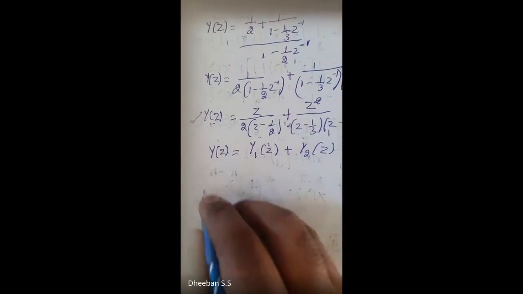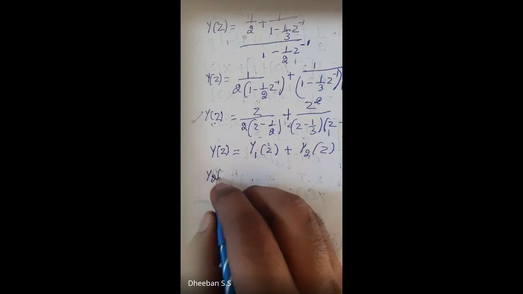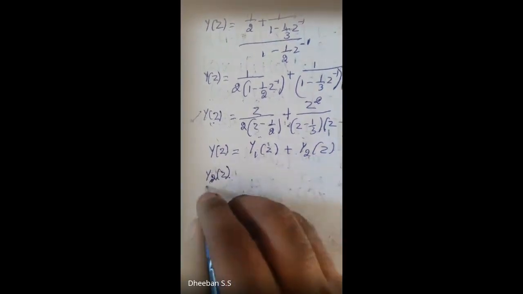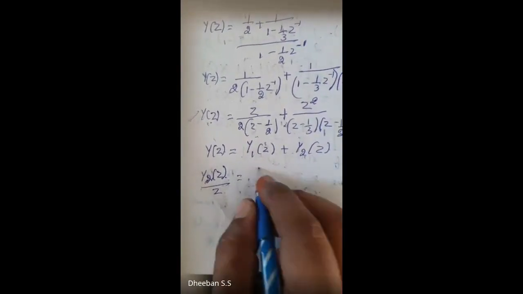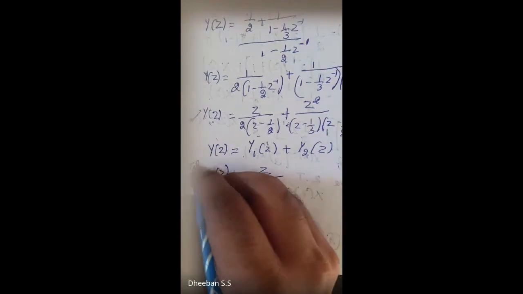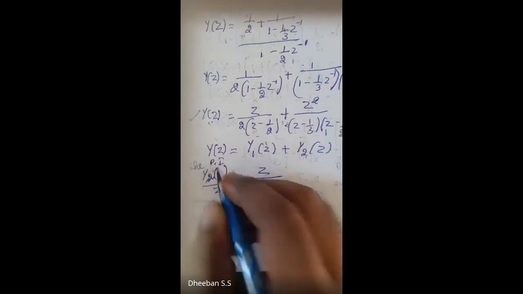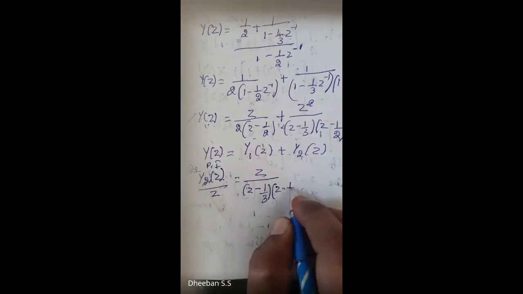You have to go for partial fractions. So bring the z downward. So now what will be there? It will be z by z minus, so take it as z minus 1 by 3 into z minus 1 by 2. Okay.